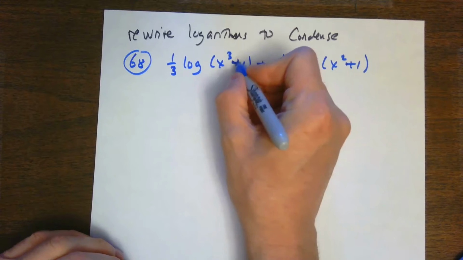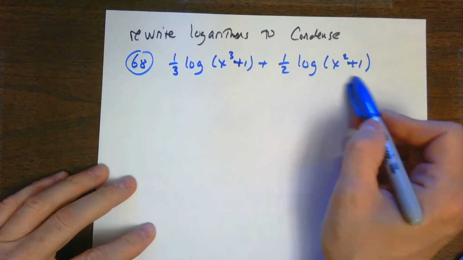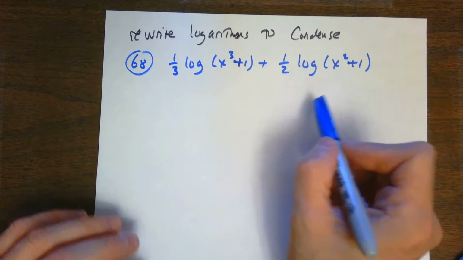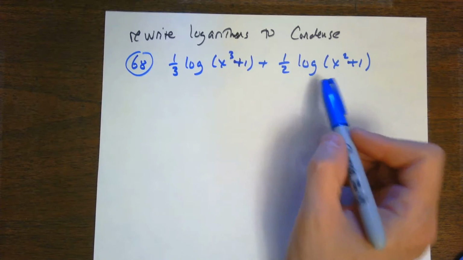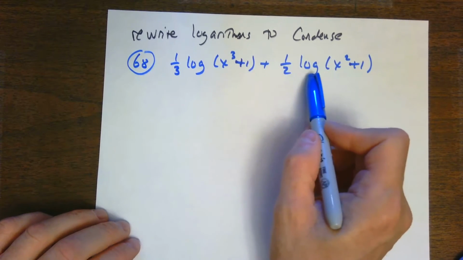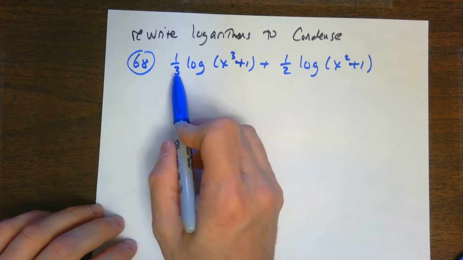How many different logarithms are there? There are 2 terms, this term and that term. And I want to condense them. One of the most important things is the logs have to have the same base. Both of these are common logs, so I will be able to condense them, combine them. But before I use the product rule, I have to deal with the powers.